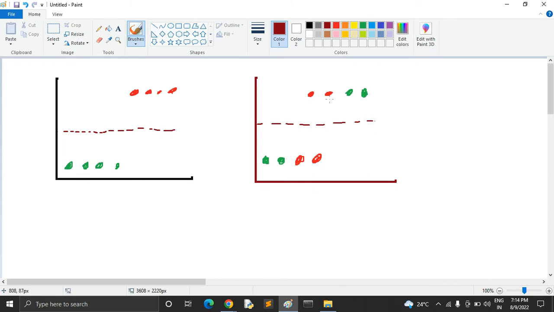And as you can see, there are some misclassifications. There are points from a different class here. So this decision boundary is not at all good. Again, there are two different points here which belong to class red. If I consider this decision boundary, there will be some amount of impurity, some misclassification, or some amount of error when we test our model. So I cannot go with this decision boundary.